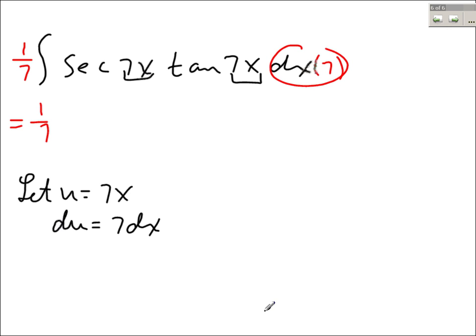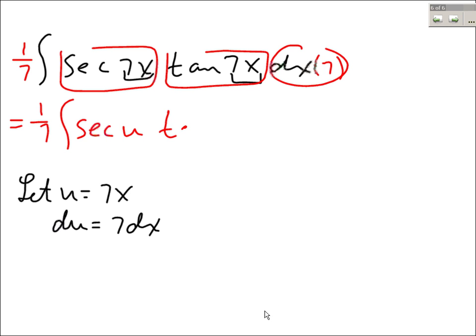This here is secant of u. This here is tangent of u. And dx times 7 is du. But that's an integral we're just supposed to know. The integral of secant u tangent u, well, it's 1/7 times that integral.